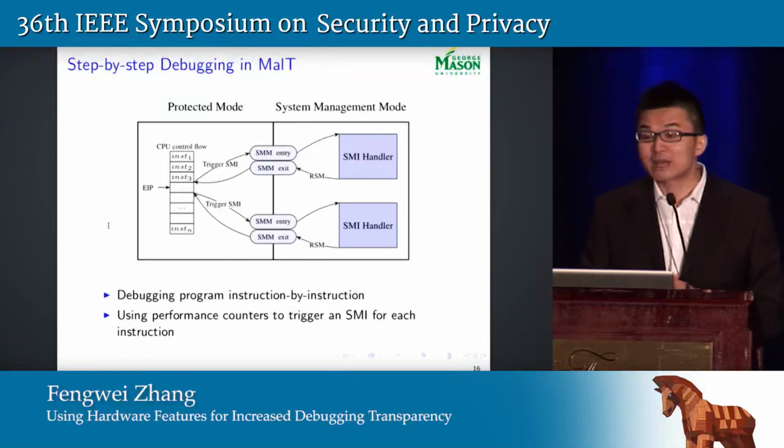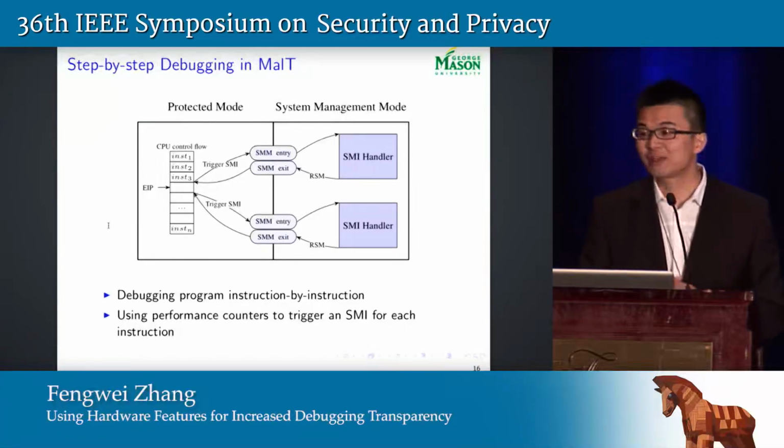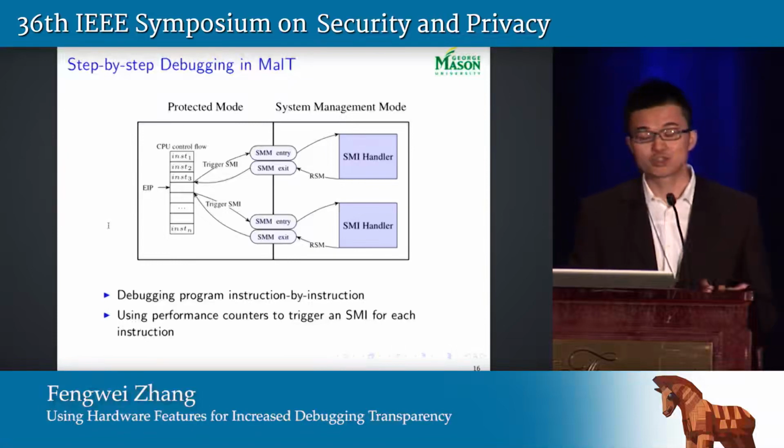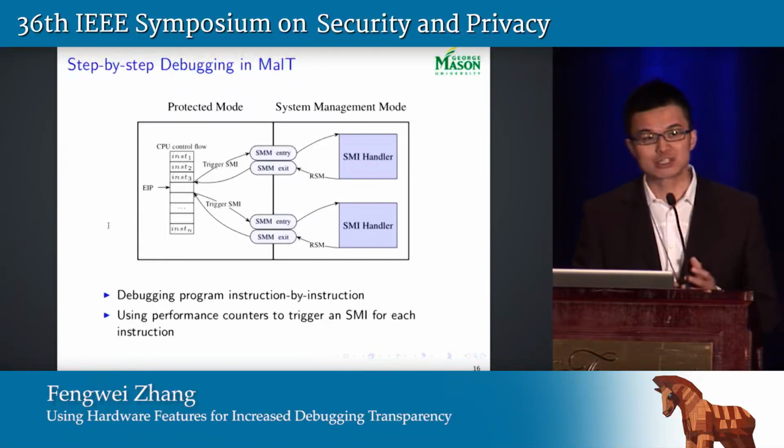For example, if we want to implement instruction-by-instruction execution, we set the performance counter to its maximum value. Then we set the performance counter to count the number of retired instructions. When the next instruction retires, the counter overflows, and this overflow generates an exception.